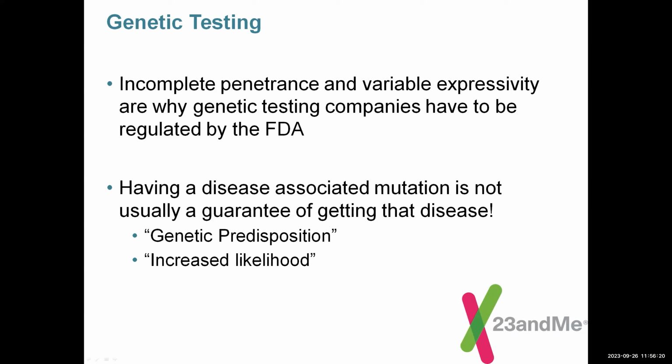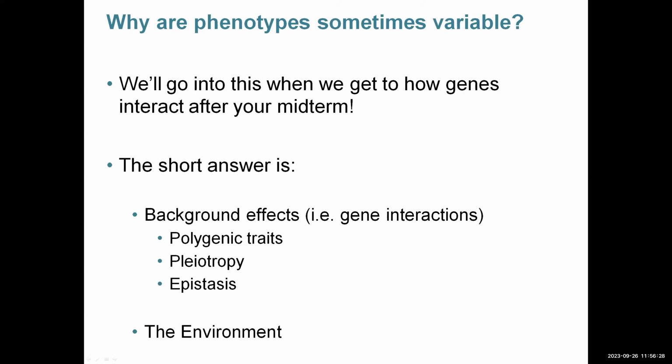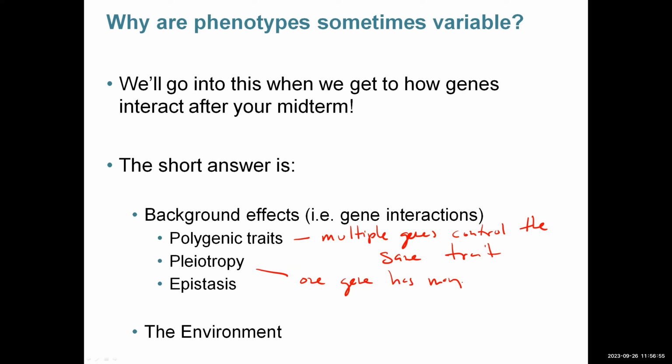The other issue with looking at traits like this as a guarantee of having something is because many traits are what we call polygenic, or they experience pleiotropy. Polygenic traits occur when multiple genes control the same trait. And pleiotropy happens when one gene has many functions, so it can influence many traits.